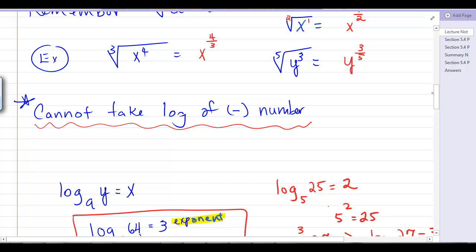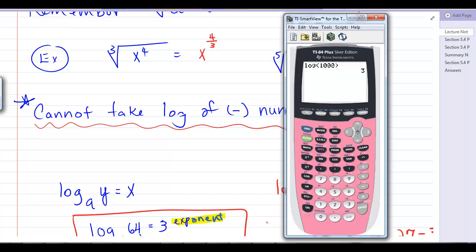Okay, something important to remember, we cannot take the log of a negative number. That's going to be important when we talk about the domain of a log function. So you can't take the log of a negative number. If you were on your calculator and you said log -60, did that work?